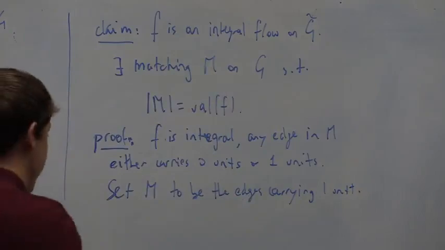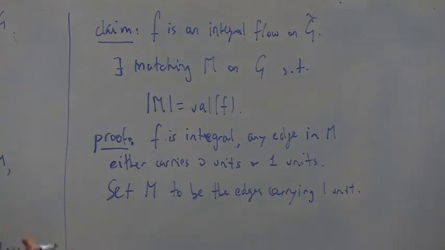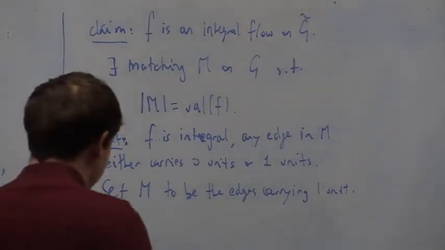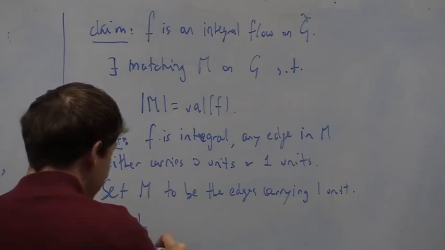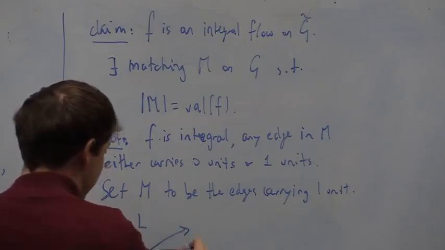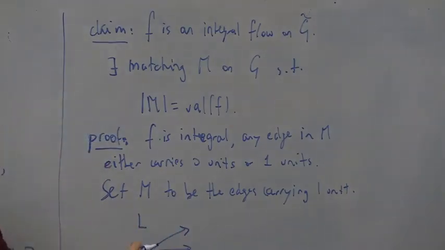All right, so now M is a set of edges, but we need to argue that it is a matching. For it to be a matching, we need to make sure there are no edge collisions on the left or on the right. But look, say that we have some vertex on the left, and there are edges coming out.